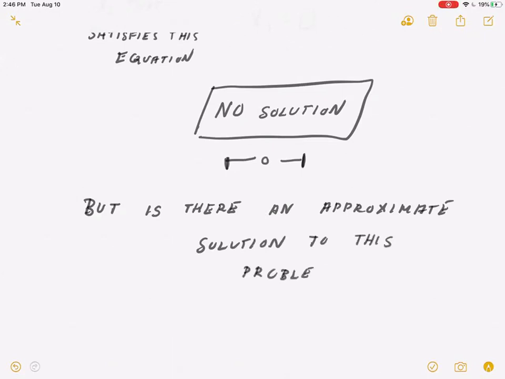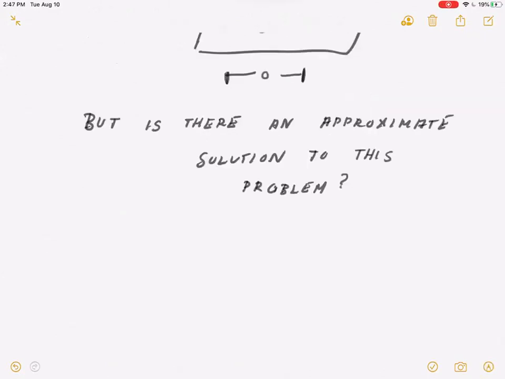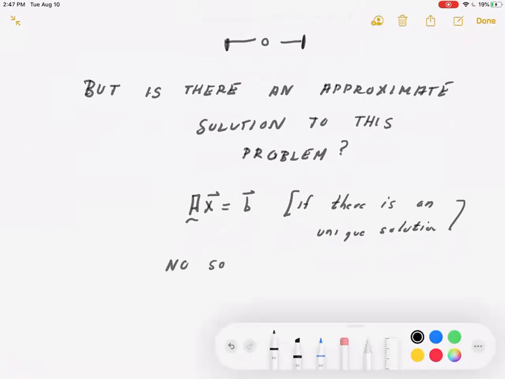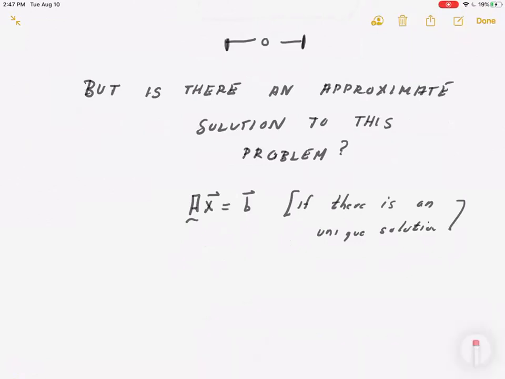So let me step back and see if I can wrap my head around this. If there is a unique solution, then you should be able to write down this equation that A times X will equal B. Let's spell this out a little bit more carefully.